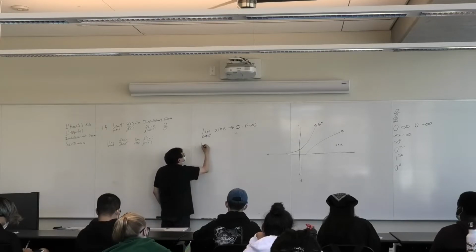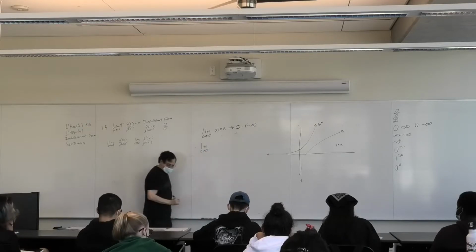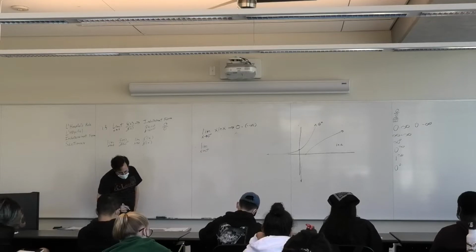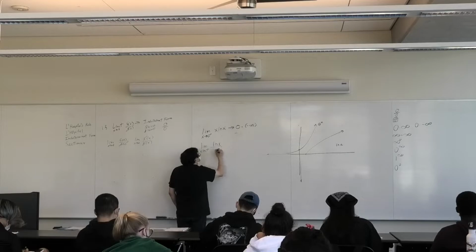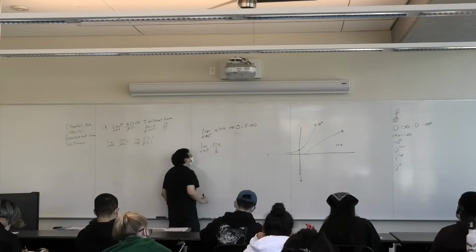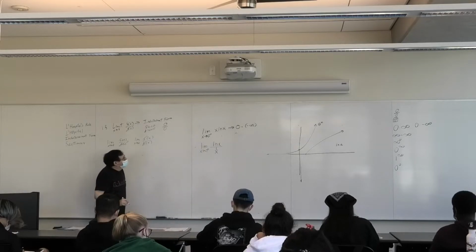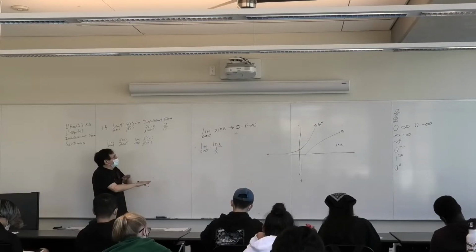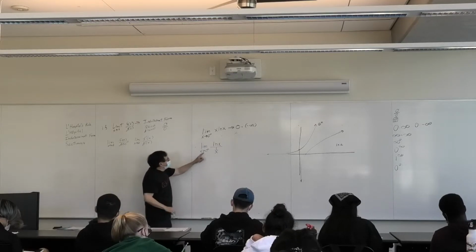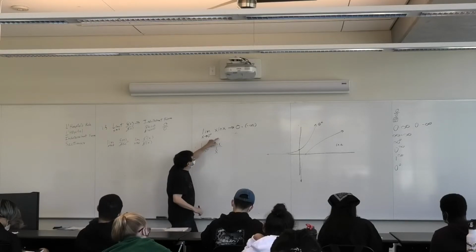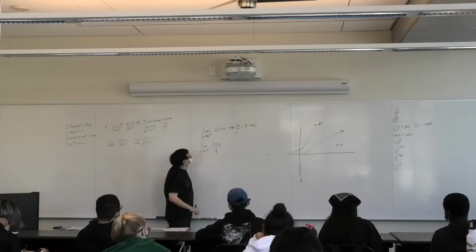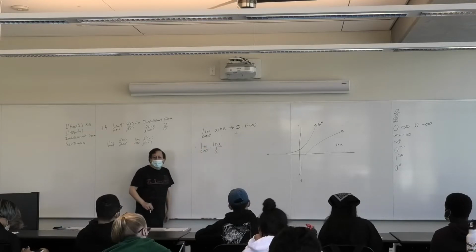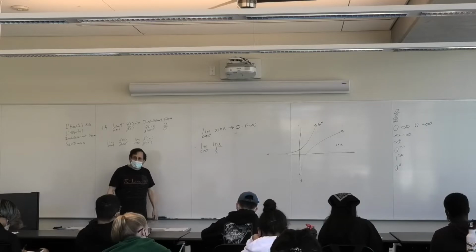Well, we rewrite this as log of x over 1 over x. Kind of a sleight of hand there. Now the form we're going to is not 0 times negative infinity, it's negative infinity over infinity. So we can apply L'Hopital's rule.